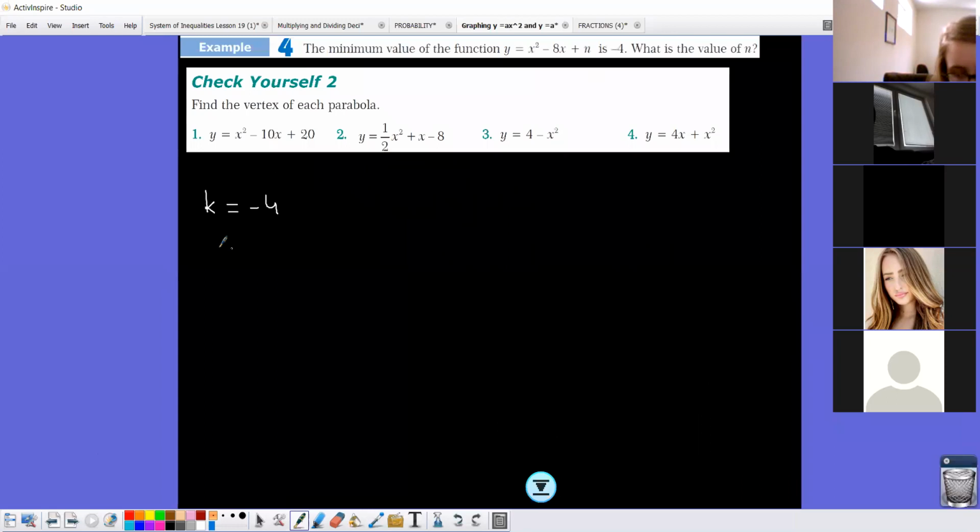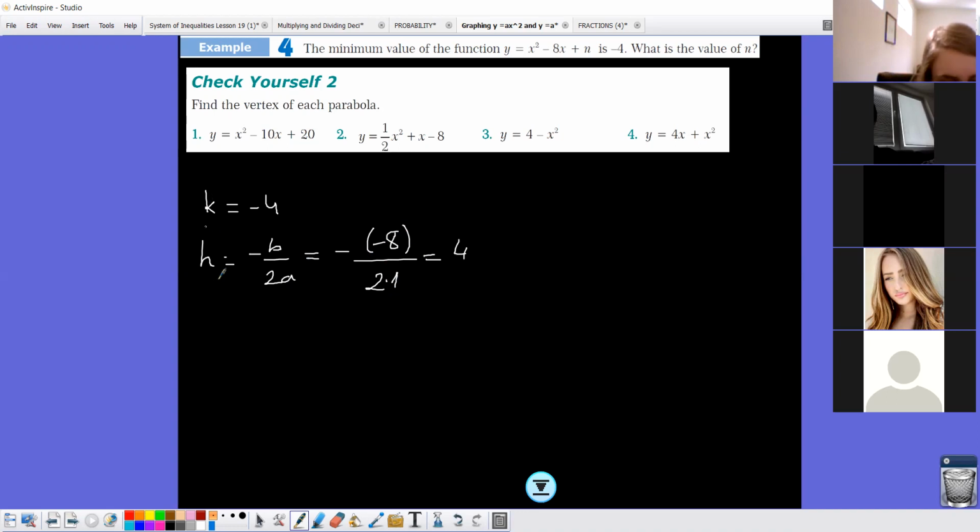Yes, with minus b over 2a. Minus b over 2a, and b and a are given. What is b? Minus 8. So minus and minus will be plus, over 2 times 1. 8 over 2 is 4, teacher. So h is 4.